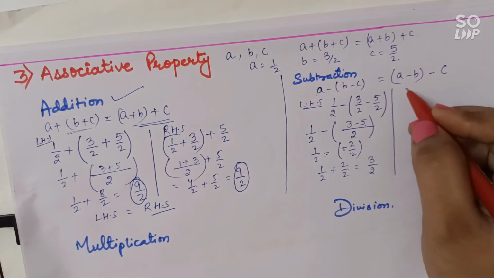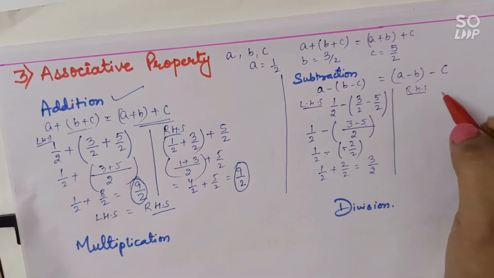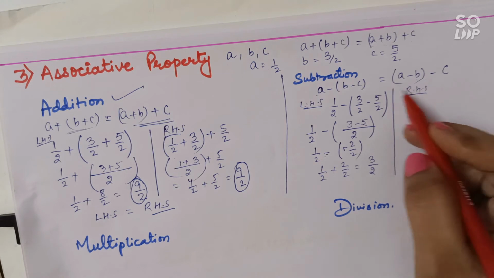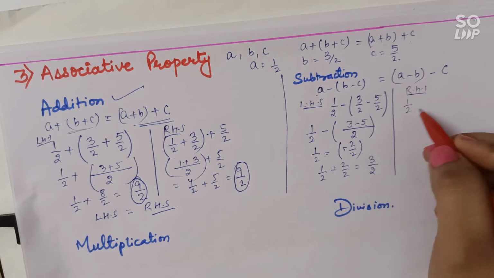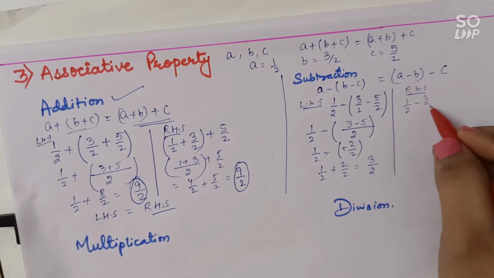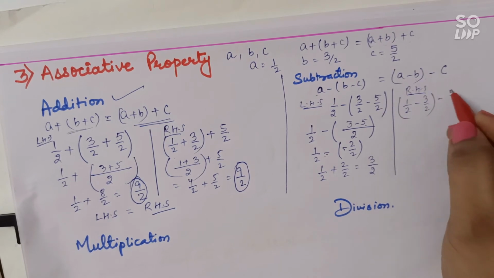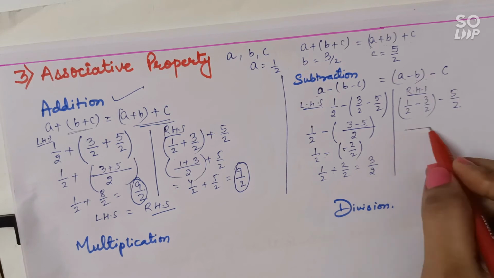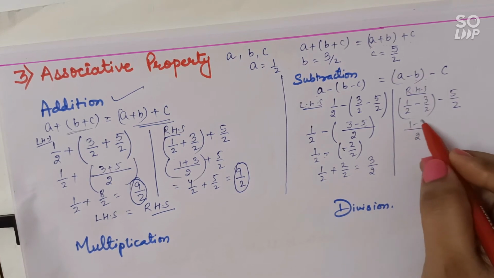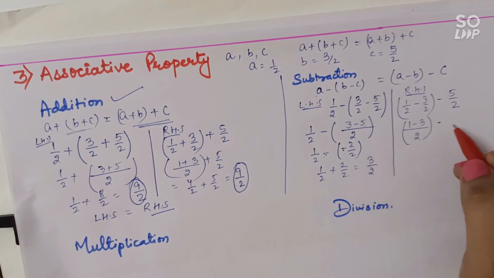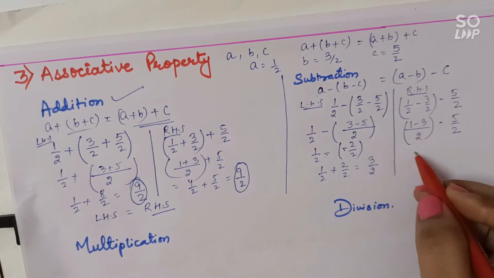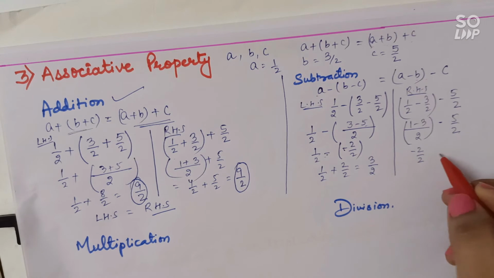A minus B, RHS. What is RHS here? A minus B in bracket minus C. A is half minus 3 by 2 minus 5 by 2. So we'll solve the bracket: 2, 1 minus 3, so 1 minus 3 is minus 2 by 2, right? Minus 2 by 2 minus 5 by 2.